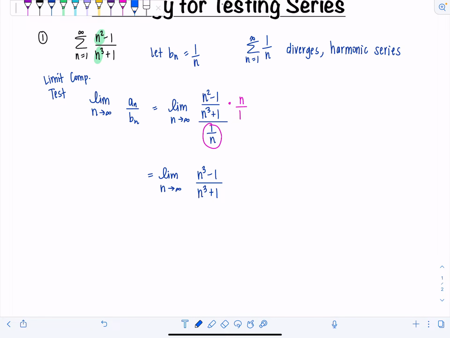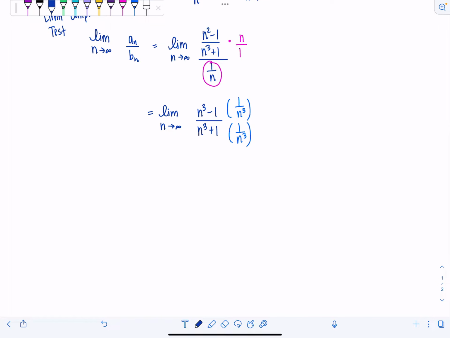So instead, to compute this limit, I'm going to divide numerator and denominator by n cubed. And then let's see what we got going on now. So this is the limit as n approaches infinity. In the numerator, we're going to have 1 minus 1 over n cubed, and in the denominator, 1 plus 1 over n cubed.